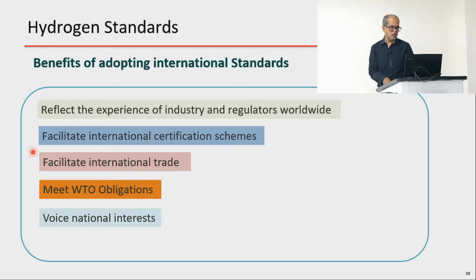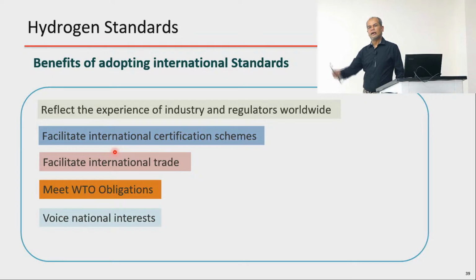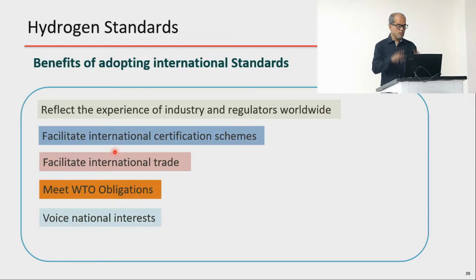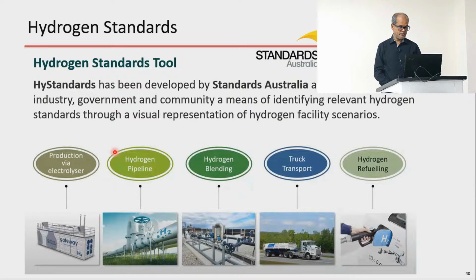Once you adopt those standards, it reflects the experience of industry and regulators worldwide. It facilitates international certification schemes. So industries doing business, for example, if they develop a product here, it is certified by the Indian authority, but they sometimes also take certification from international organizations as well, so that they can sell the product not only in their home country but also to other countries.